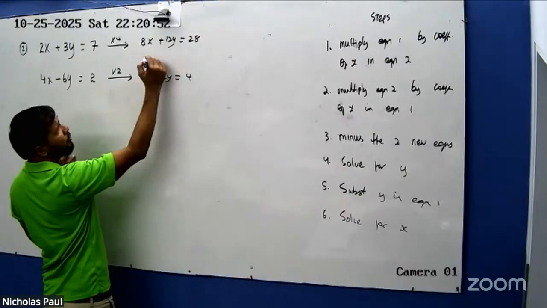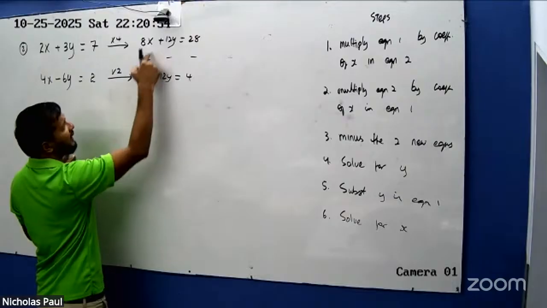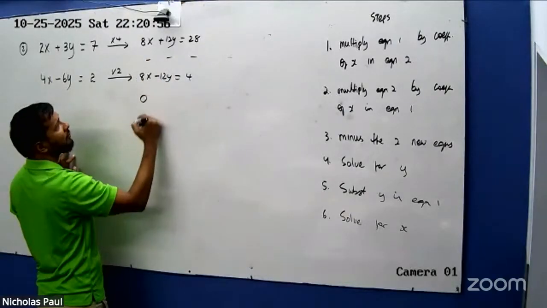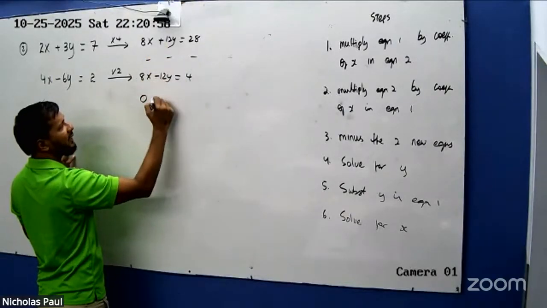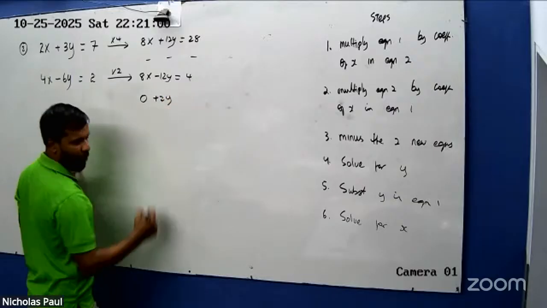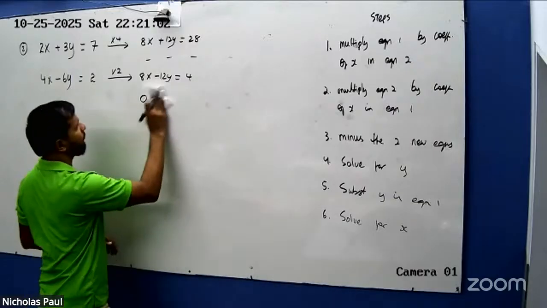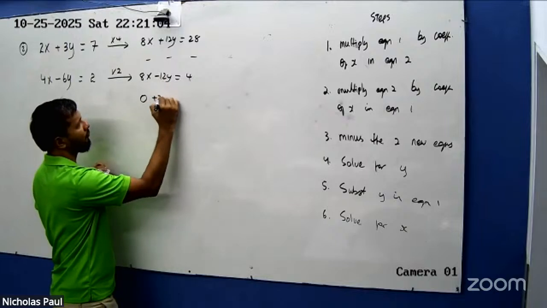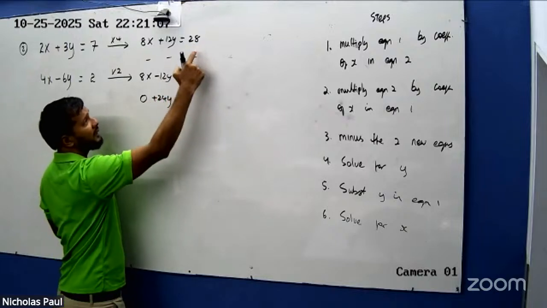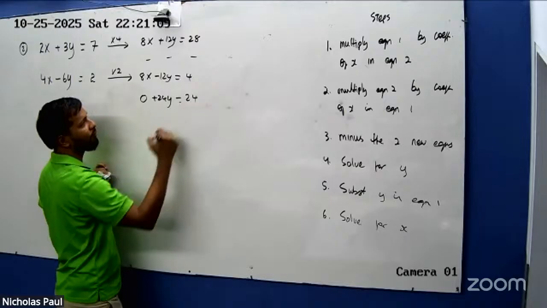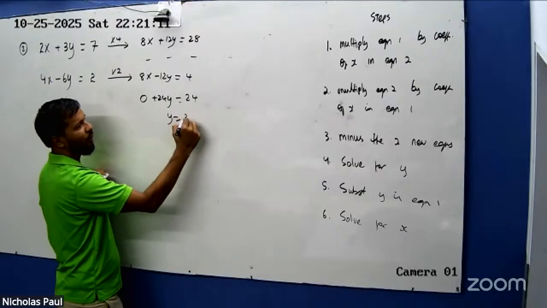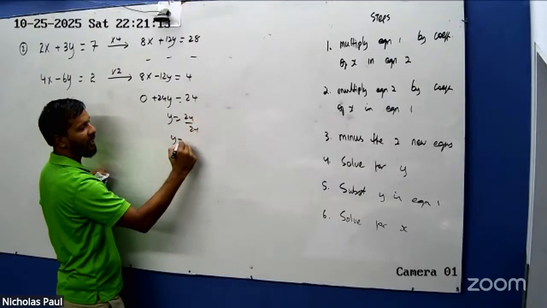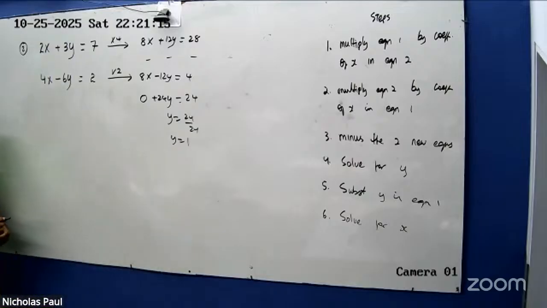And I'm doing the usual thing, I'm minusing. 8x minus 8x, that's 0. 12 minus minus 12 is positive 24. 28 minus 4 is 24. And that's it. 24y is equal to 24. I got 1 again. Yeah?